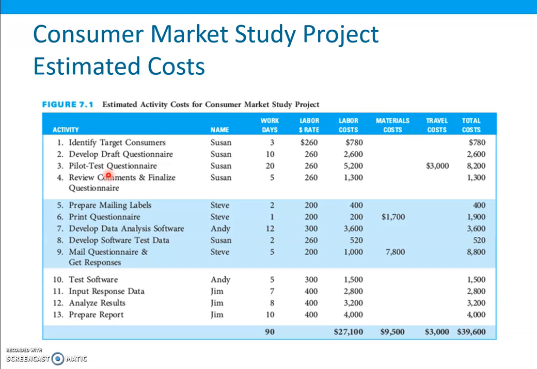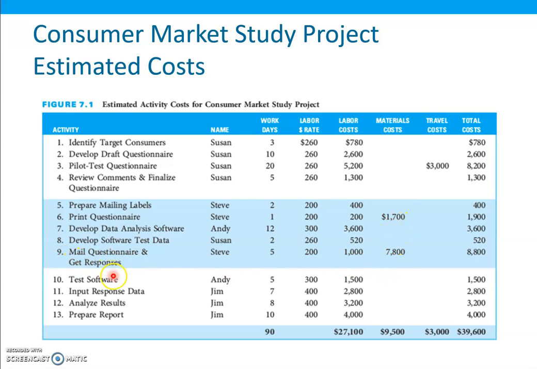So we may need to travel and go to some other places for conducting the survey. And so for printing questionnaire, maybe we need to provide the fee for the printer, or buy the paper, and then supplies, ink, etc. So all of these costs will be included into the materials cost.